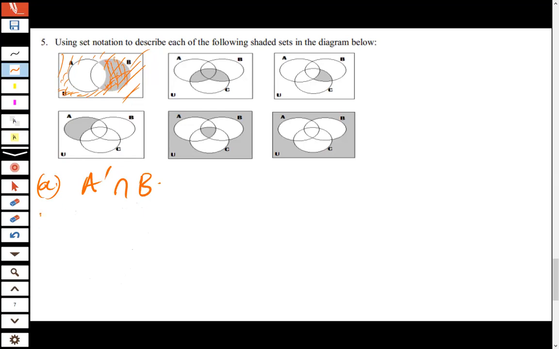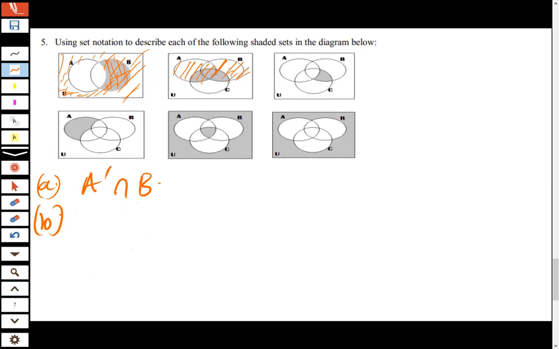And then the second part, which is part B, this one here. This is the same as combining A union B, because when you combine A union B, it is simply this part.